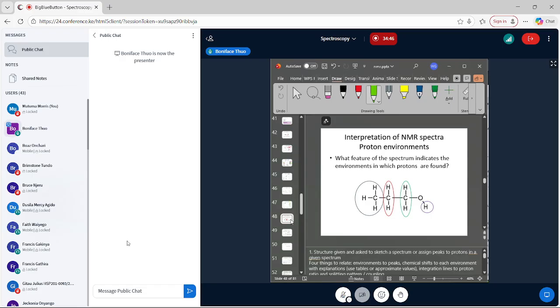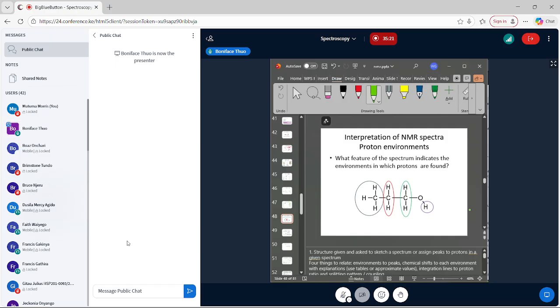So the first consideration, if you have the molecule, is to look at the molecule structure and then look at the chemical environments, which you can illustrate by drawing circles around them. Like in this case, we have propanol. So using different shades of color, you can draw circles around them, and you can label them using letters or numbers.